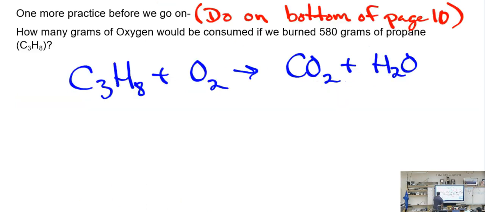All right, we're going to do one more practice problem before we do any of the homework. There's a little space on the bottom of page 10. If you can, put it there. If you can't, just put it somewhere. I don't really care. But try this problem. It says, how many grams of oxygen would be consumed if we burned 580 grams of propane?